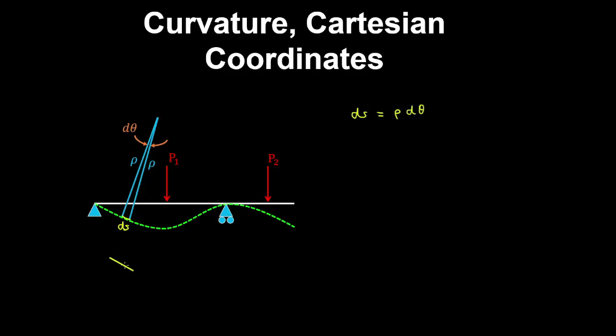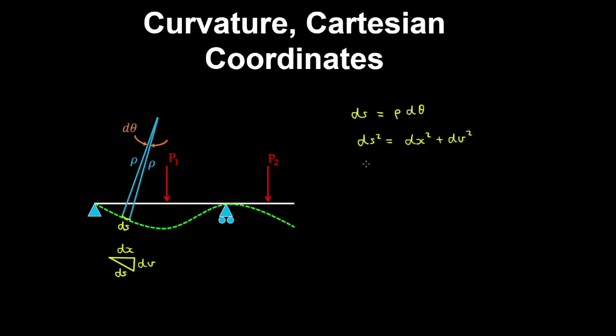Now if we blow this up into a right triangle, we have ds and a differential length dx and a differential change in the vertical deflection dv. So using Pythagoras' theorem, we can write this as ds squared is dx squared plus dv squared.